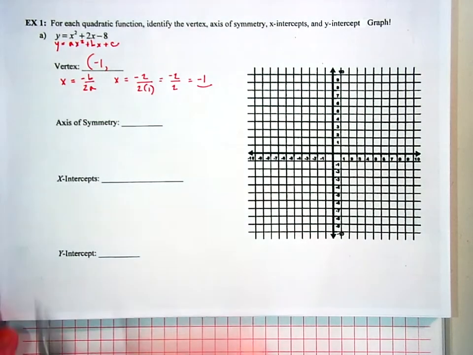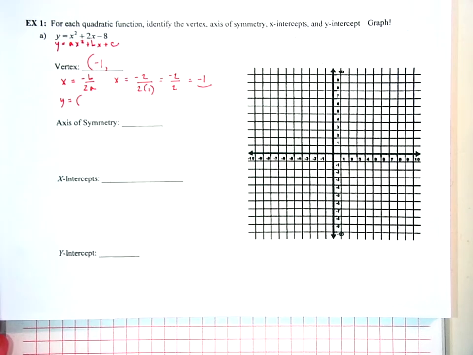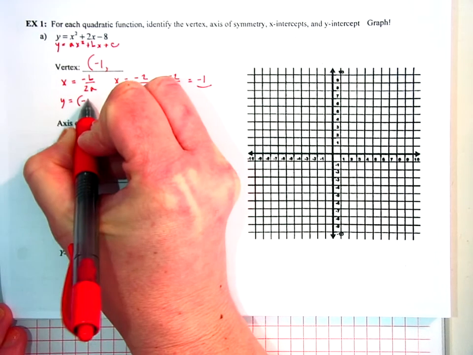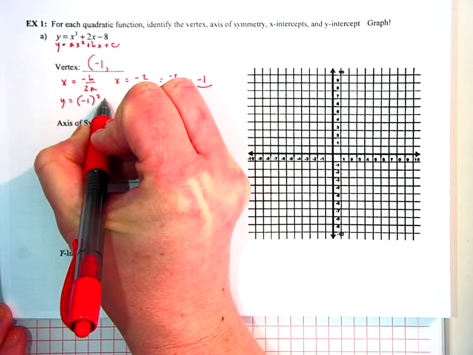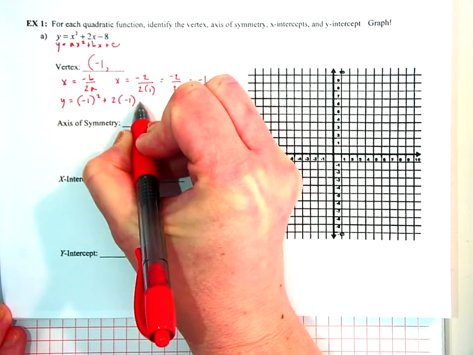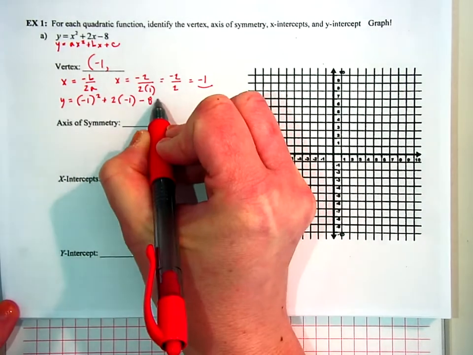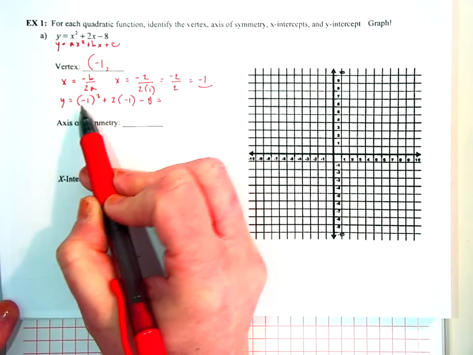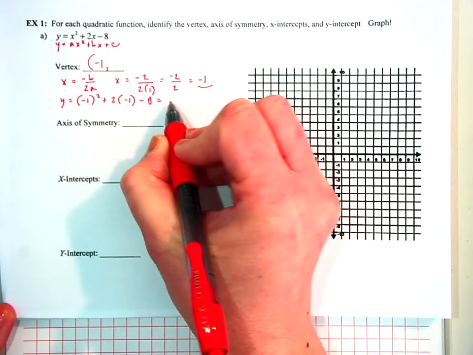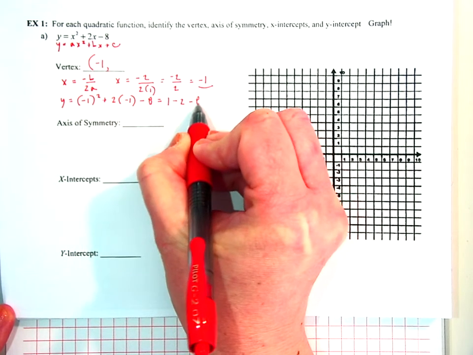To get to the y, I need to plug that in. So y equals, I'm going to always plug it into parentheses, negative 1 squared plus 2 times negative 1 minus 8. Okay, so now as I work through my order of operations, negative 1 squared is 1, and then minus 2 minus 8.